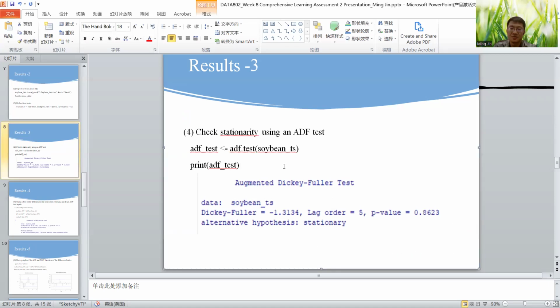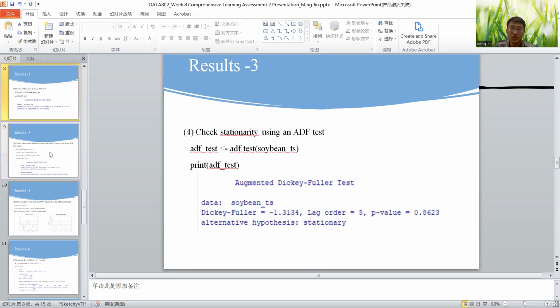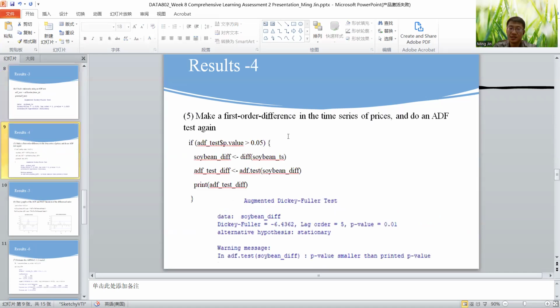Now that the time series is not stationary, the action we should take in the next step is to make a first order difference and then do an ADF test again on the difference time series.